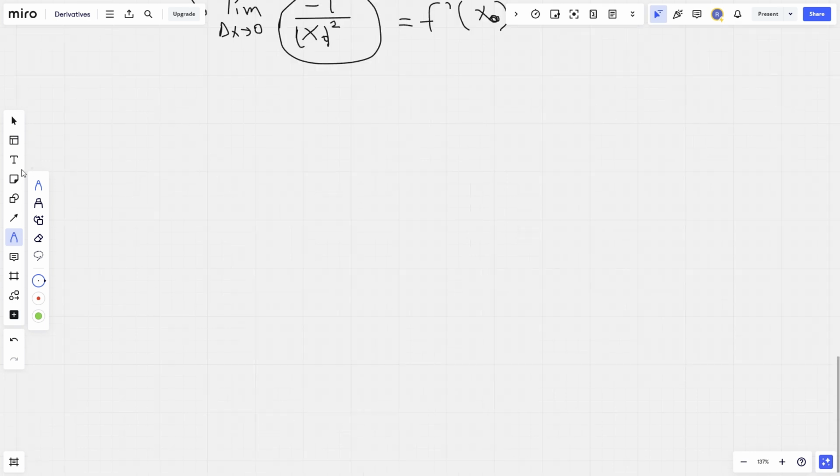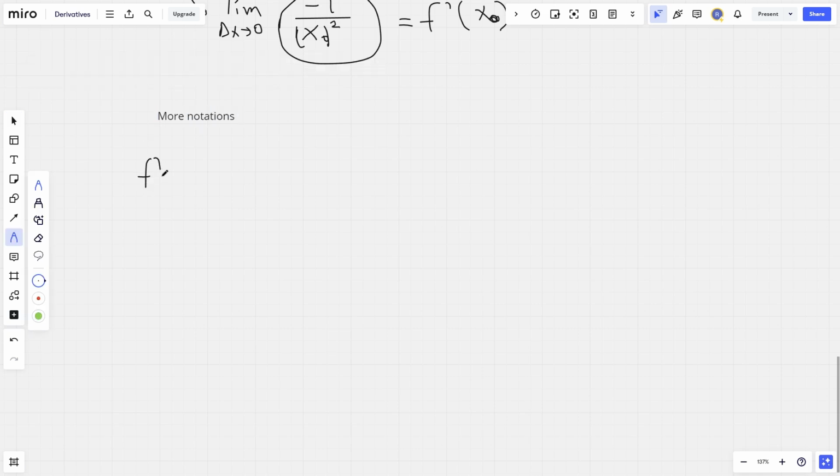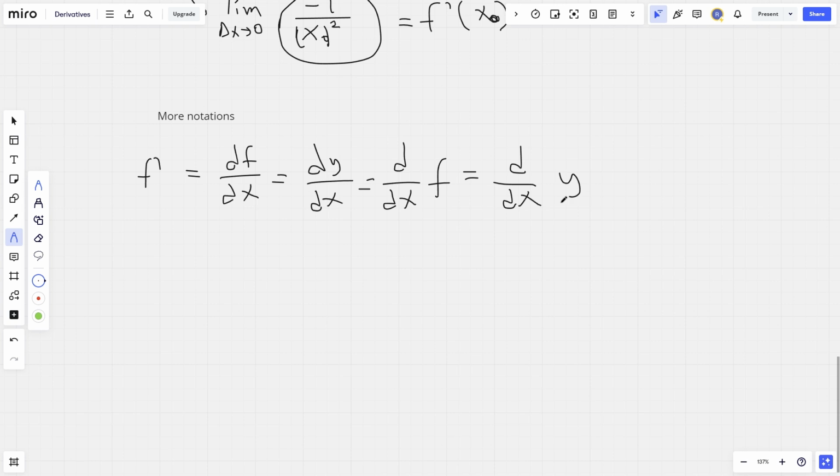So now let's look at some more notations for derivatives. We looked at f prime of x, which is also equal to, we can call it, df over dx, or dy over dx, or d over dx of f, or d over dx of y.